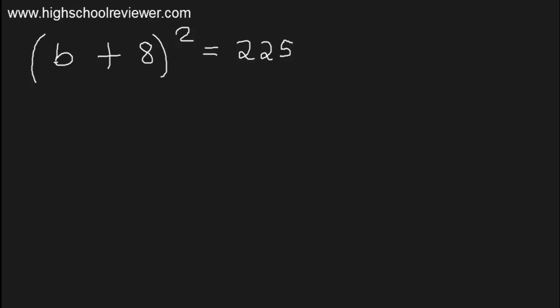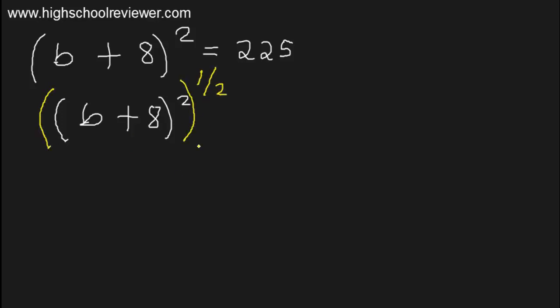To do this, we raise both sides of the equation to 1 over 2. We take b plus 8 raised to the power of 2 as 1 unit, and raise it to 1 over 2.